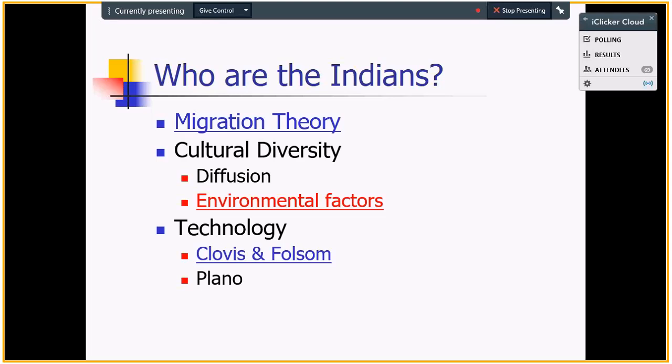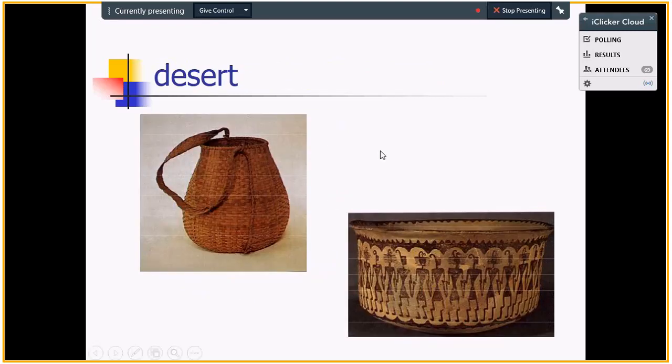Another way that Native Americans are able to harvest plant foods. Now, not all Indians use these same technologies, because we've got another set here used by different cultural groups that are known collectively as the desert technologies. And these desert technologies are primarily carrying or storage tools.